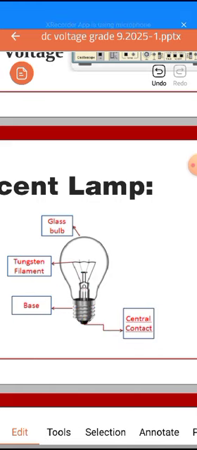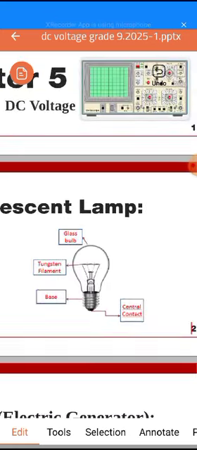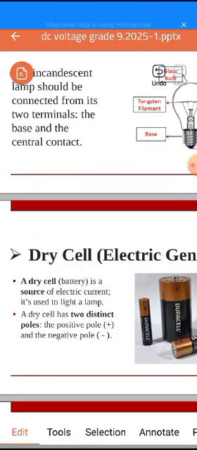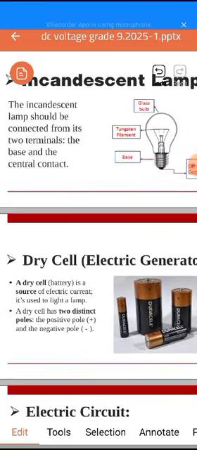So all you have to know is that this is a lamp and it needs electricity in order to glow. The source of electricity could be the dry cell. The dry cell is also known as the battery, and we can also call it the electric generator.